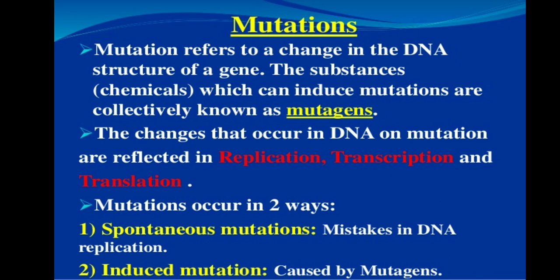This mutation is sometimes beneficial, sometimes dangerous for the living organism. Most of the time it's dangerous, but sometimes it may be helpful also, because we have one single common ancestor. All the living organisms have evolved from a single common ancestor, a single living organism.